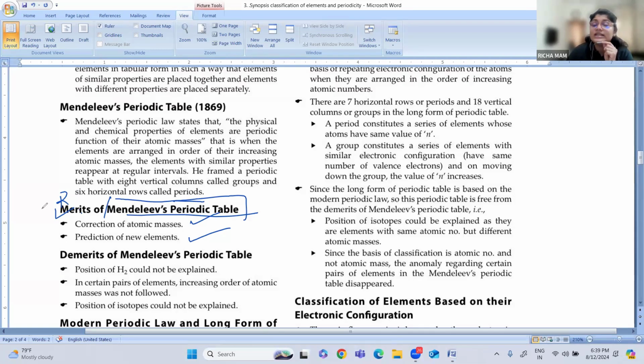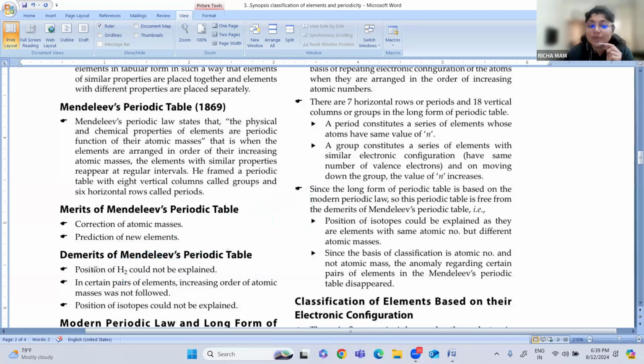Now, what were the disadvantages of Mendeleev's periodic table? The position of hydrogen, dihydrogen, could not be explained, because hydrogen acts as an alkali metal and also acts as a halogen.